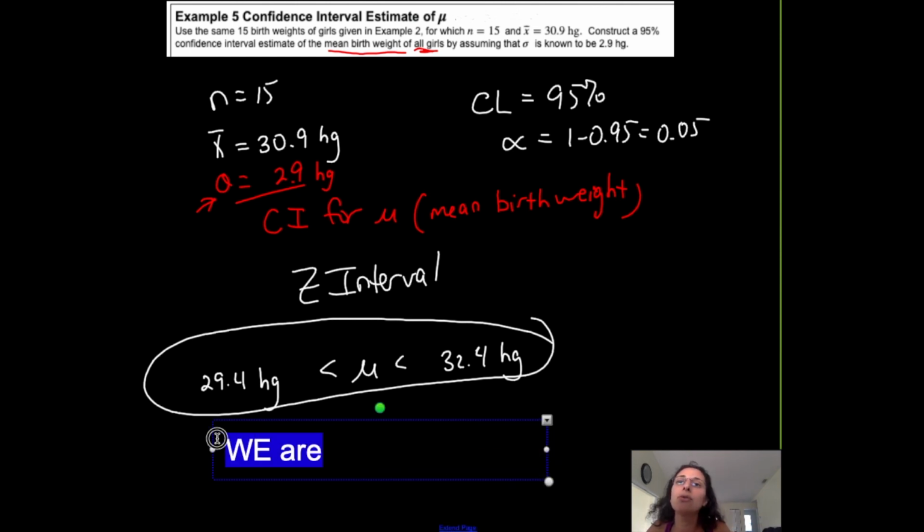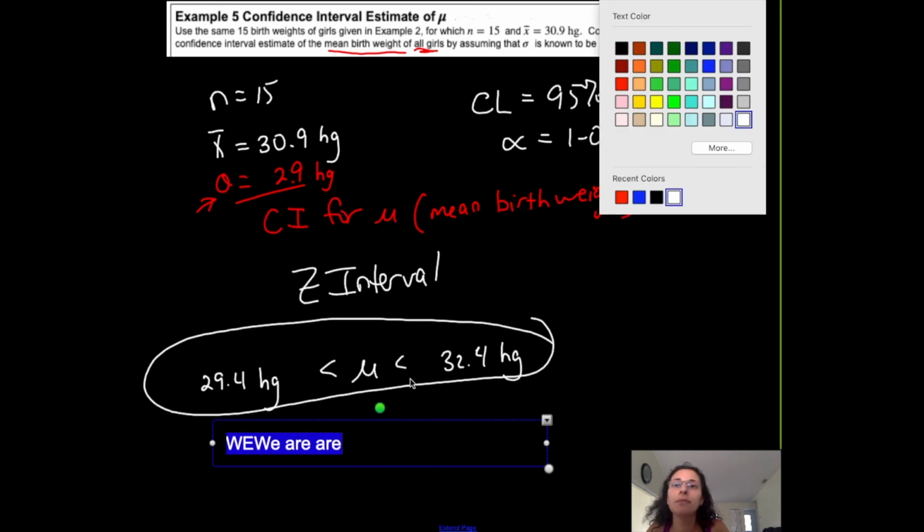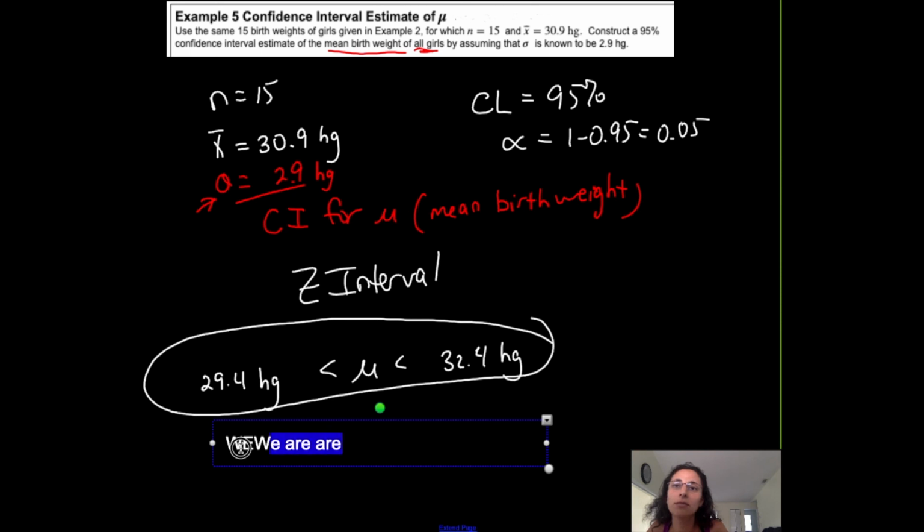Now you're going to get used to this interpretation because you're going to write the same stuff over and over and over again. It's just going to change depending on what interval you found. What did you press on the calculator again to get that? We're going to go through that again in the next example.